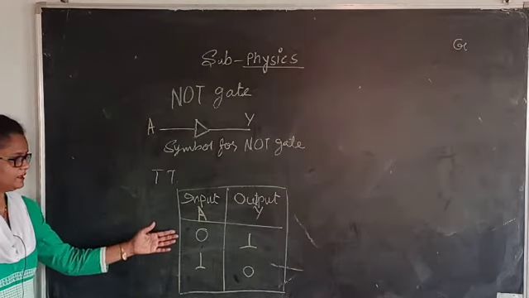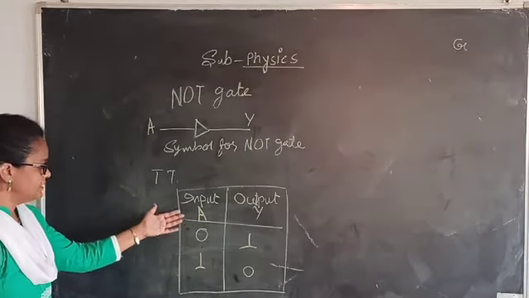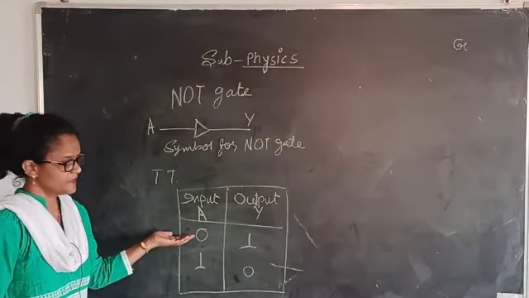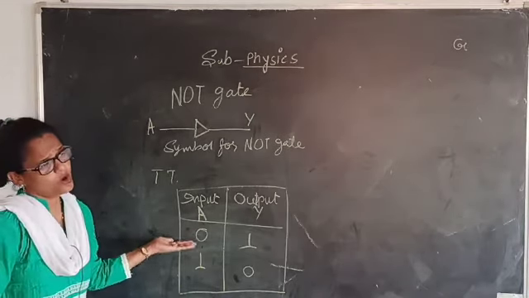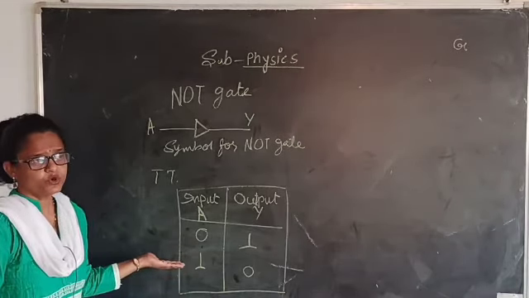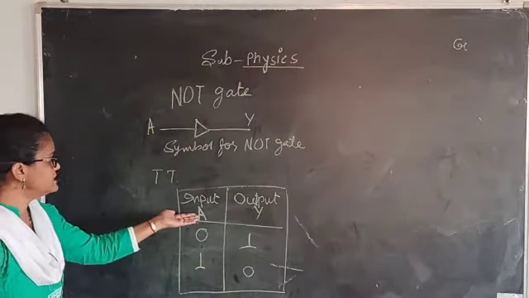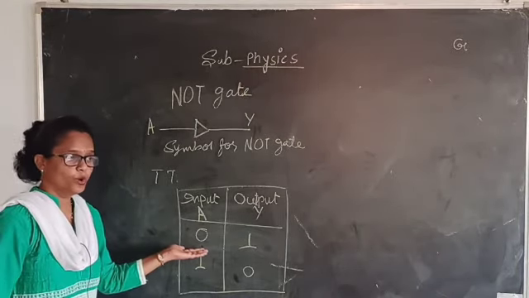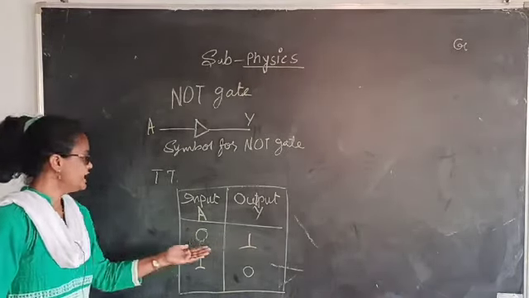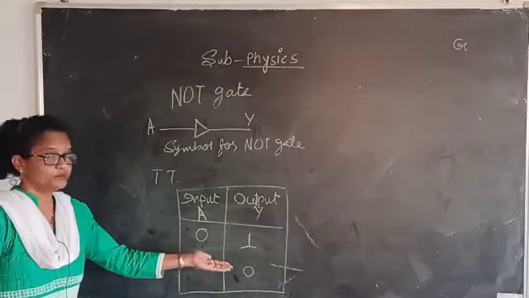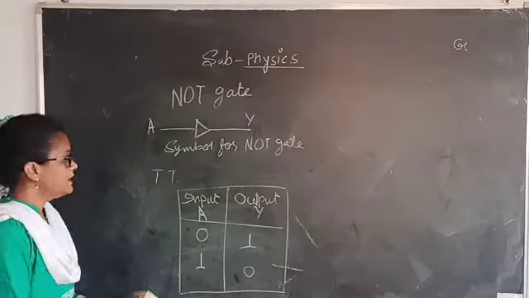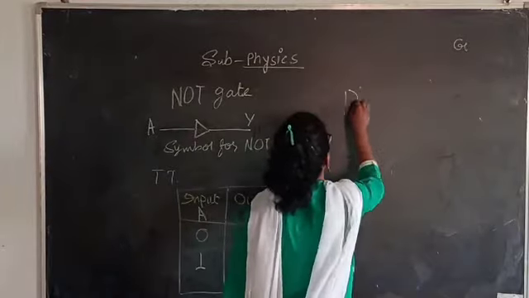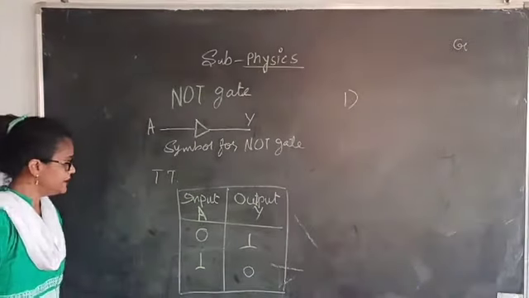This is the simple one. We have only one input, so it may be 0 or it may be 1, only two possibilities. So when input A is low, the output will be high, and if the input is high, the output will be low. Okay, so what conclusion can we draw from this NOT gate?